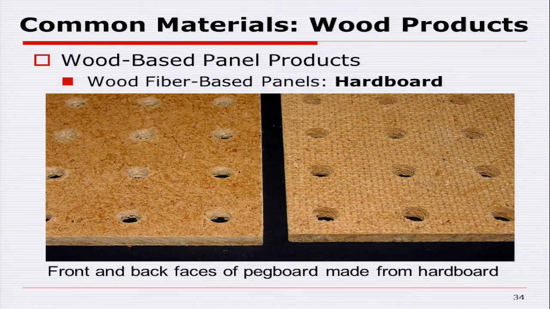Then we go to the extreme. We press it as tight as we can, and we get what we call hardboard. I'm showing you pegboard here. Pegboard is made from hardboard. I'm going to pass hardboard around without any holes in it, but if I put holes in it, that's pegboard. In this particular case, I'm smooth on both sides, but when we typically make this product and initially press it, we have a screen on one side.